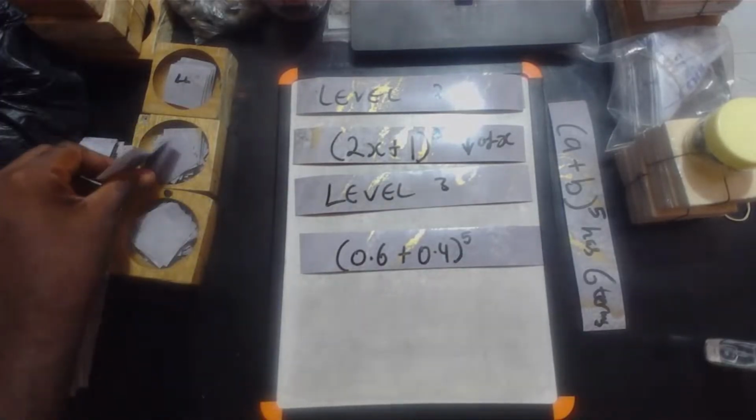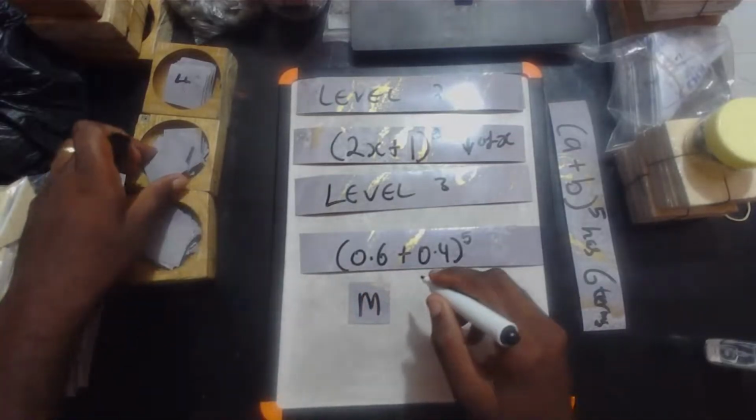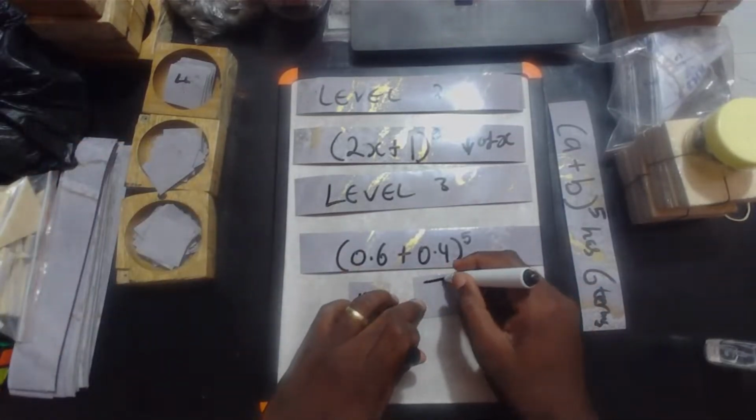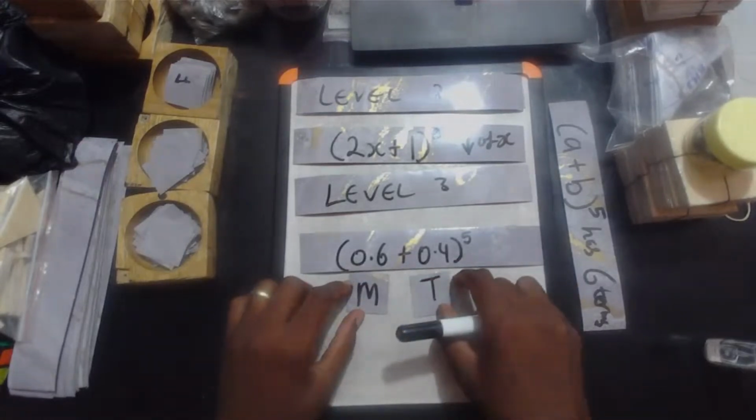So let's represent this: the probability of catching mackerel, the probability of catching tilapia.